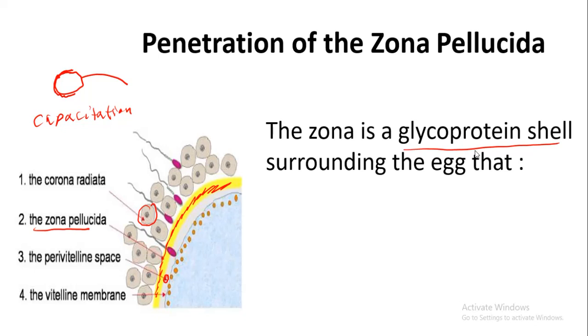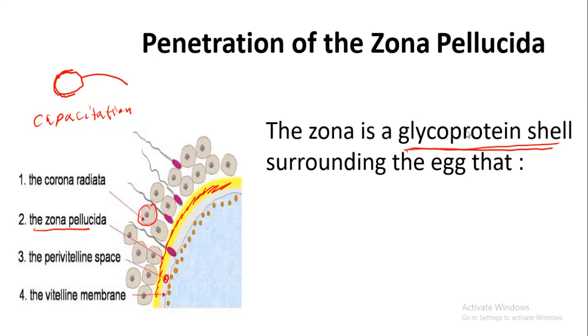The sperm, we said, is not capable of causing fertilization because the sperm has a glycoprotein coat covering the acrosome. Now even the zona pellucida has a glycoprotein shell.